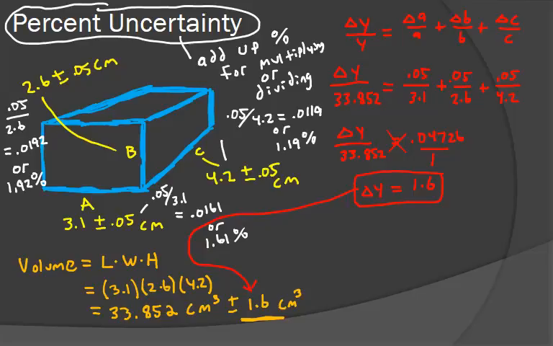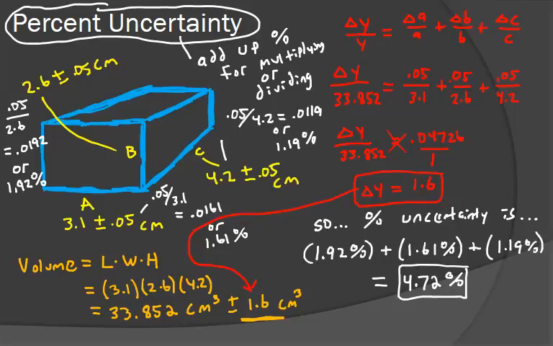So to get the total uncertainty, we add them up. We add the 1.92% plus the 1.61% plus the 1.19%, and that's the percent uncertainty. And what's interesting about this is, well, we can write it out like this. We have 33.852 plus or minus 4.72%.